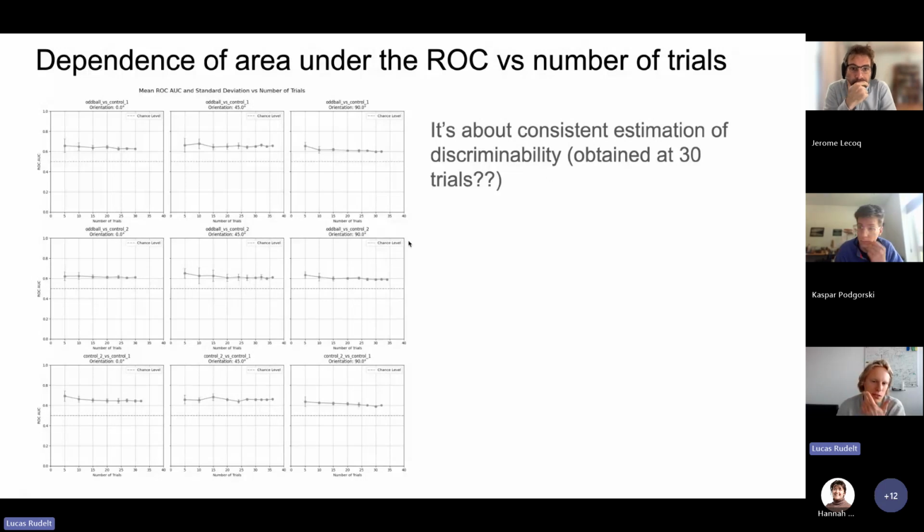Overall, it looks like it's not totally bad. Already with 20 trials or so, we are in the right ballpark. For most cases it has flattened out quite well. But I think we need a few complementary analyses to get a better understanding of how many trials we need, to be honest.